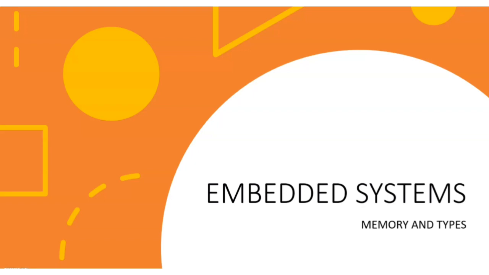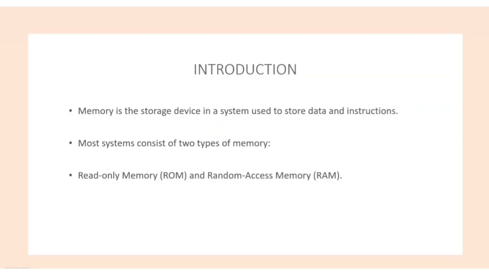Okay. So we are going to discuss the basic memory and the memory types that we generally use in embedded systems. The memory is actually a storage device that is used in the system for storing data and instructions. Mainly, you can classify memory into two types: read-only memory and random access memory.